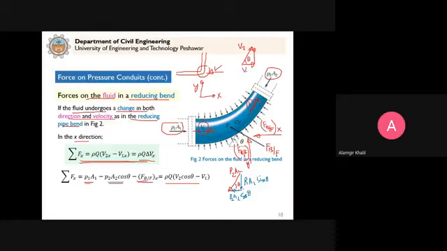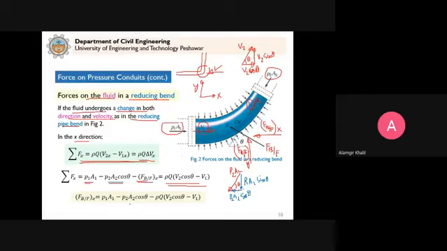So we have this V2 cos of theta, and this is equal to V2 sine of theta. So that's why in the x direction, rho q is equal to V2 cos of theta minus V1.